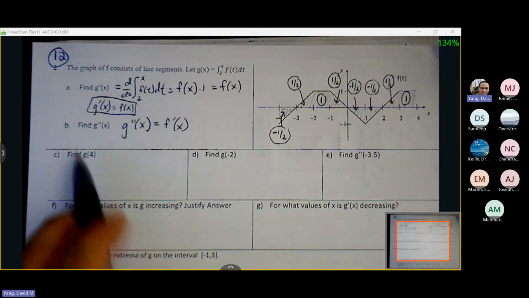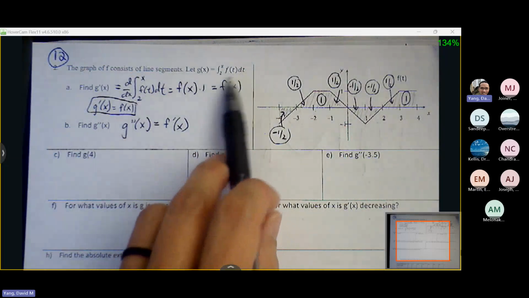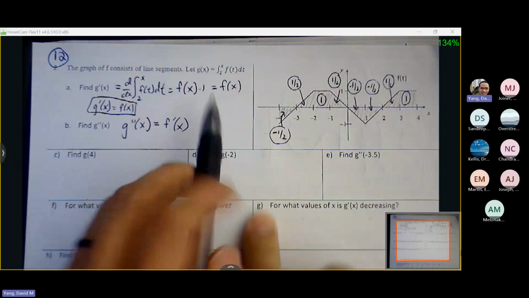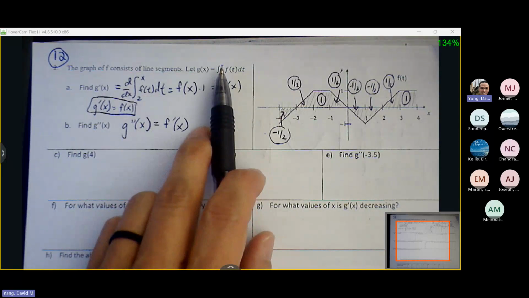All right, so find G of 4, we see that it's going to be using our original definition. So replace the x with 4.